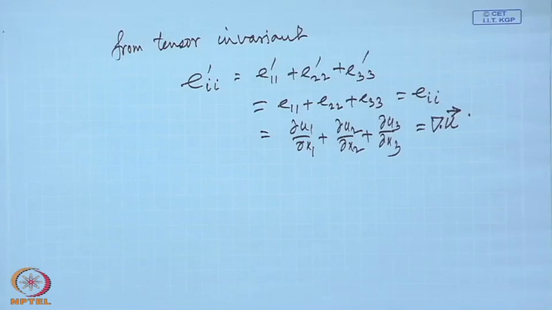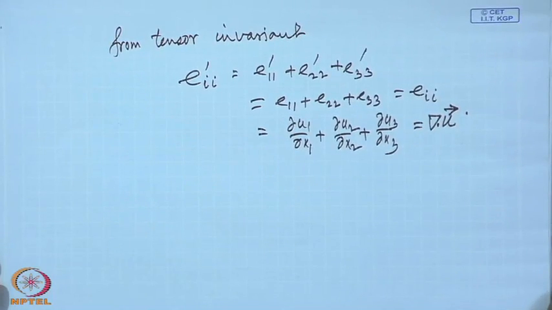Now look at only one component, or imagine the situation, just as an imagination. I am not saying that this can happen: only E11 prime is non-zero, and E22 prime and E33 prime are 0. Then you have only delta U1, which is given as R1 E11 prime.